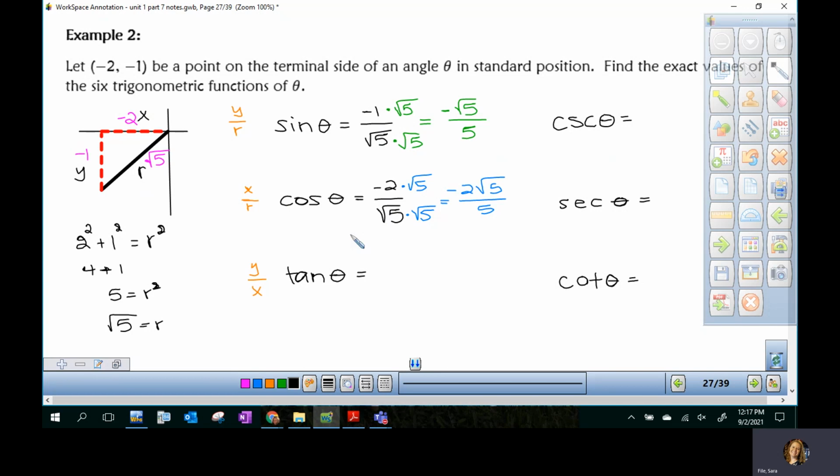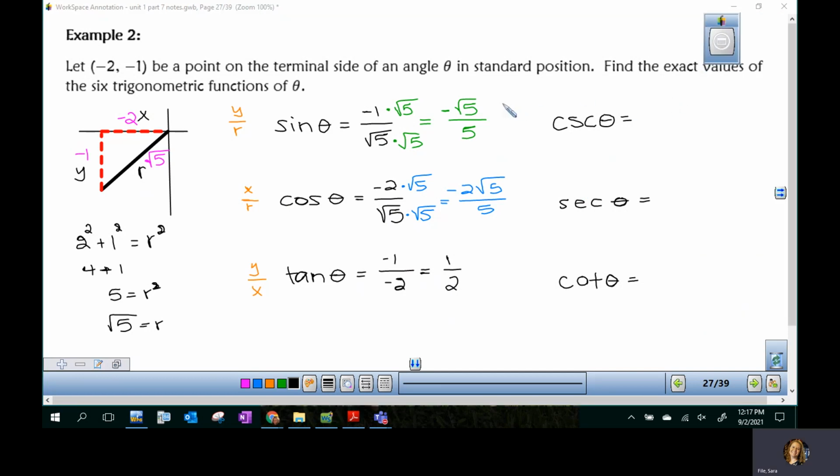And then tangent, y over x. So what happens when you have a negative divided by a negative? So that's actually positive 1/2, right? Then when I do the reciprocals, I have already rationalized this. Don't flip a rationalized answer, because then you're putting the radical back in the denominator and you have to re-rationalize and reduce. Go back here where we originally wrote it, flip this.